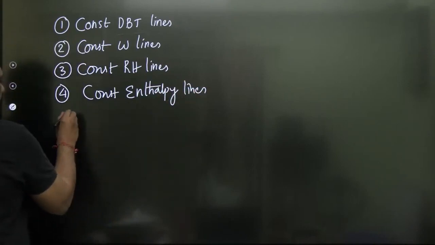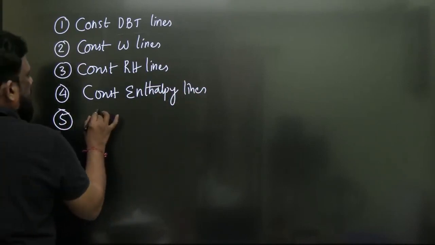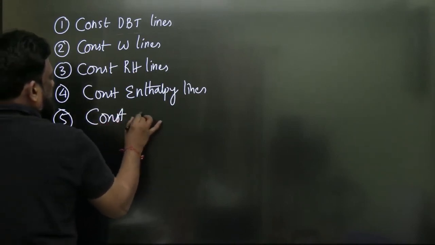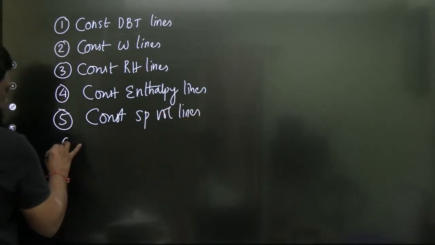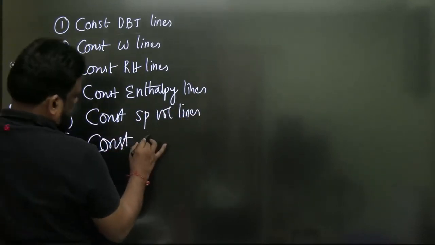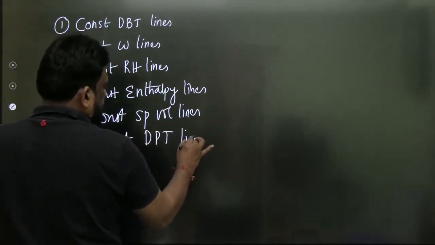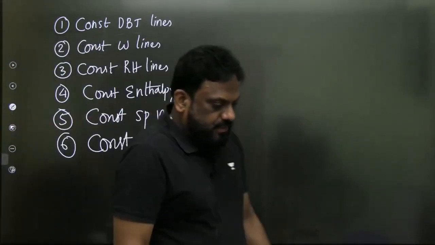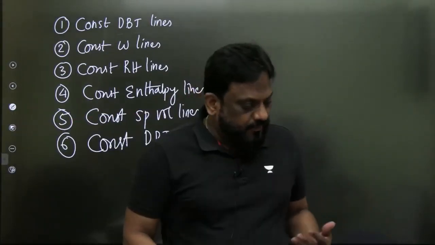And the fifth is constant specific volume lines. Then we saw constant dew point temperature lines. Now, these lines we have seen yesterday and we have seen very clearly with reason.